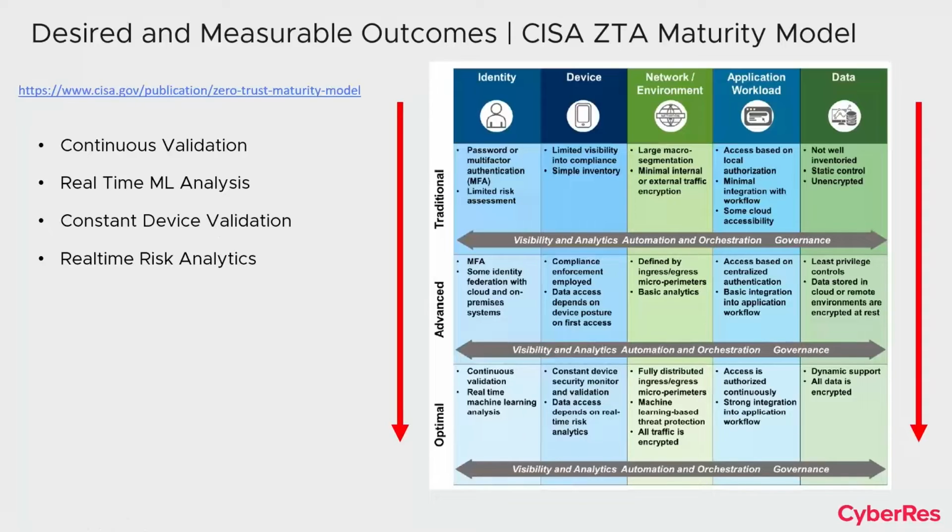Are they healthy? Should they be allowed in? Is there something about the device that's different today that was not the same yesterday? Should that make me worried? Should my risk score go up? So real-time risk analytics, super important. Also, to be able to create micro perimeters and to have machine learning-based threat protection. We're really trying to guard against east-west malfeasance here.